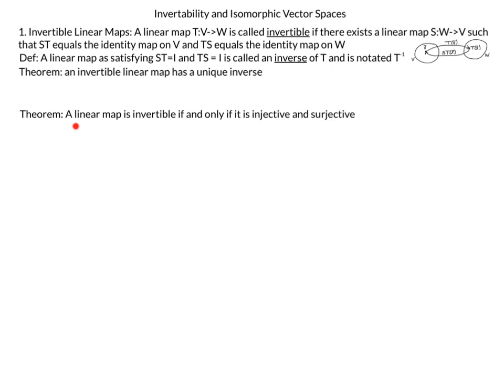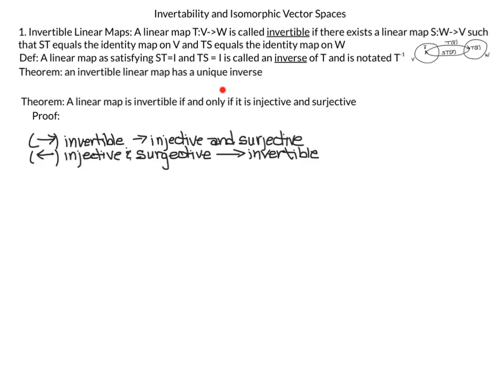My next theorem says a linear map is invertible if and only if it is injective and surjective. Because of this if and only if, I have two parts to this proof. These two arrows in parentheses remind me which direction I'm going. When I'm going in the forward direction, I'm going to assume this first part, invertible, and then I'm going to show that implies, that's the forward direction, it's injective and surjective.